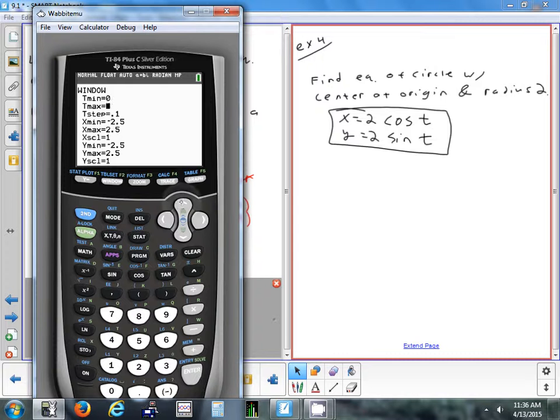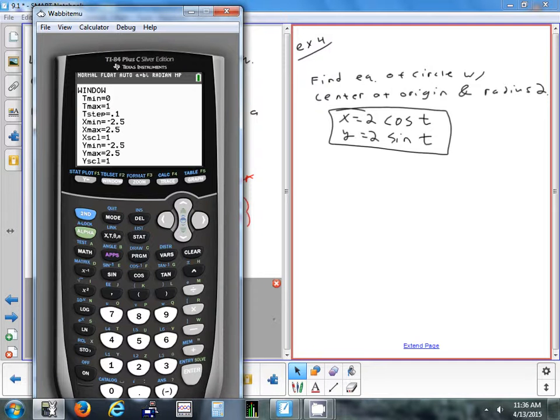Okay, next thing. It doesn't tell me what to set my parameter at. What do you think the parameter would have to go from and to in order to get a full circle when I draw this? Think about the period for sine and cosine. And we're doing it in radians.